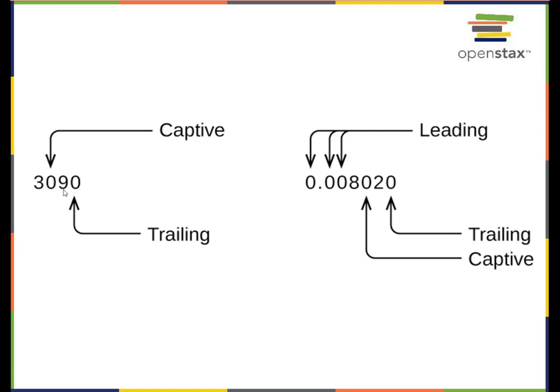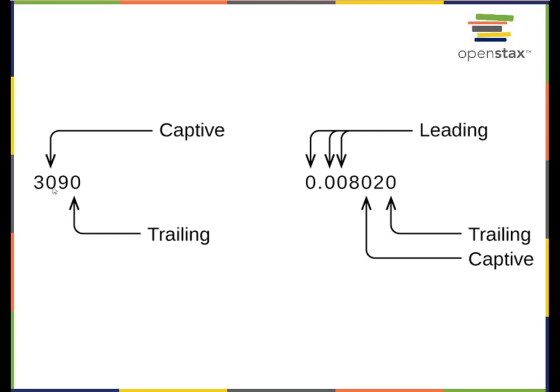Without a comma or a decimal point, it's ambiguous. Either way, this is the thousands place, hundreds place, tens place, and ones place. There are two kinds of zeros in this number.